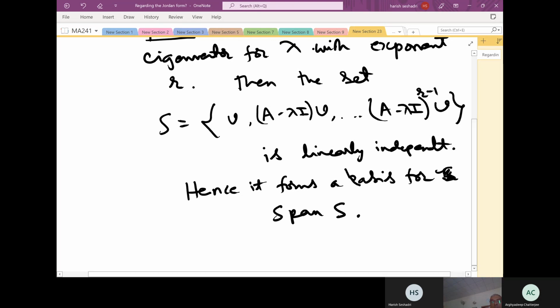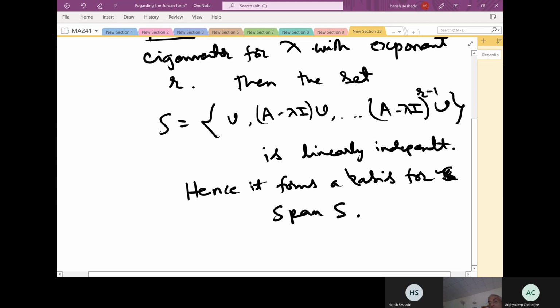These are the generalized eigenspaces corresponding to a lambda that we have been talking about. How does one go about this? The main idea is just that if you look at the set v, (A minus lambda I)v, etc., this set is linearly independent, and it forms a basis. So you take the span of this.